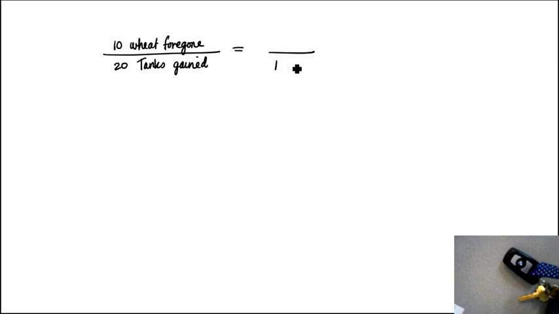So really quickly, if you say that we have 10 wheat foregone over 20 tanks gained, you need to get in the habit of getting 1 on the bottom. We really want to know what it is per tank. Our opportunity cost here would be 1/2 of a wheat per tank. Does that make sense? So always reduce it so that it's over 1.